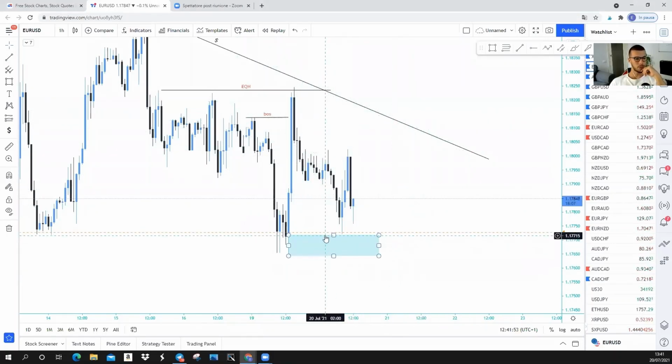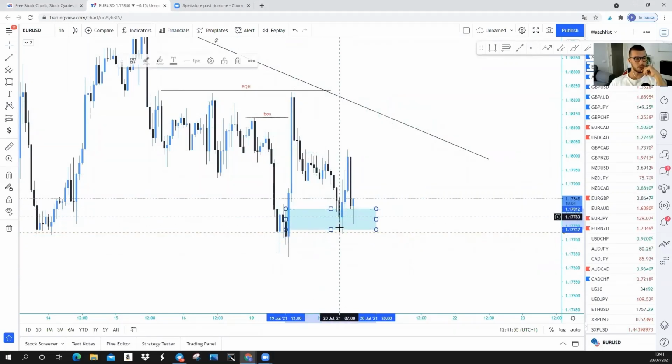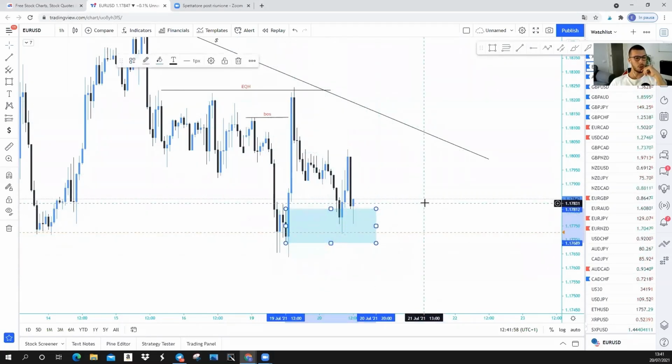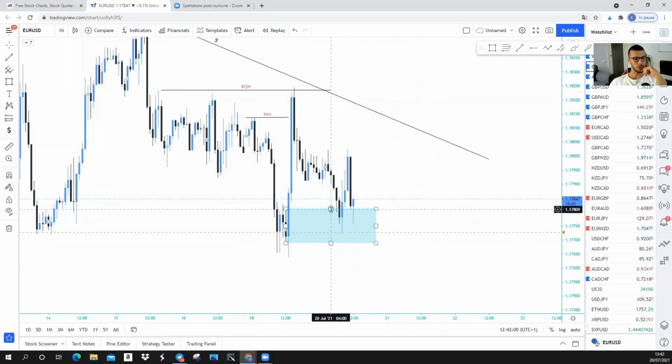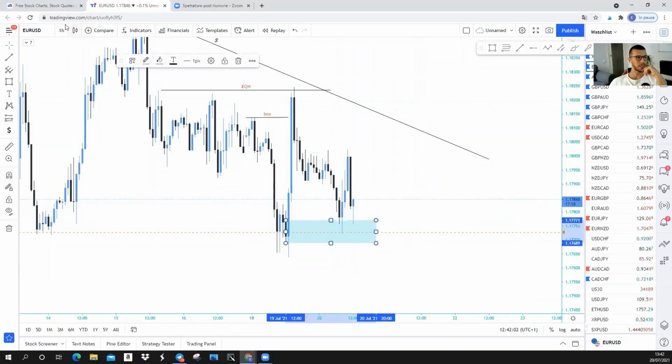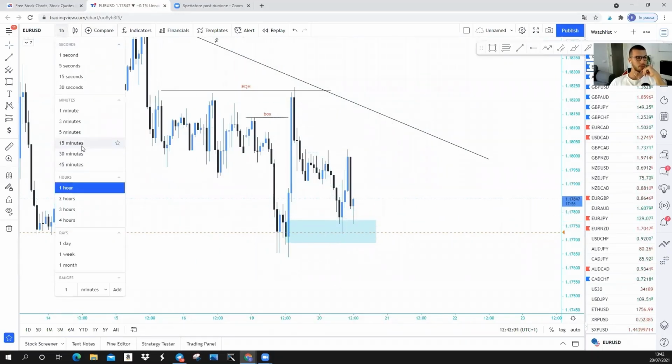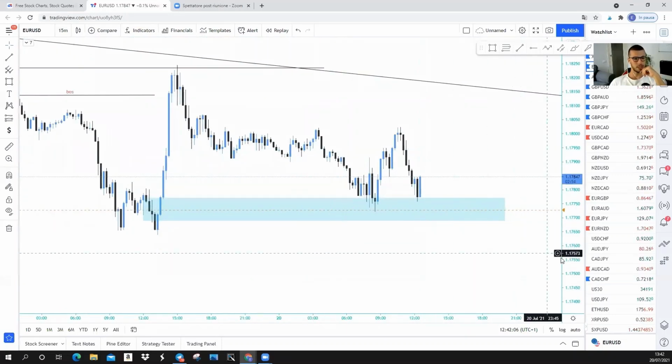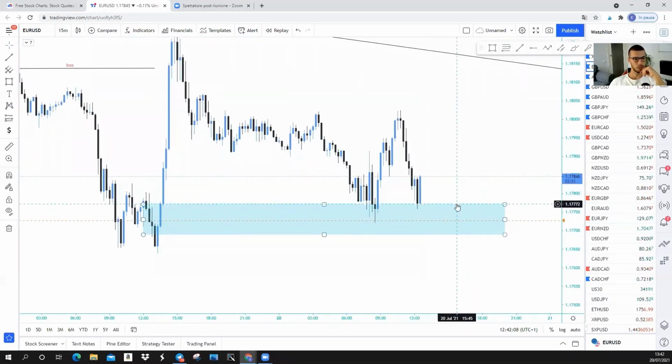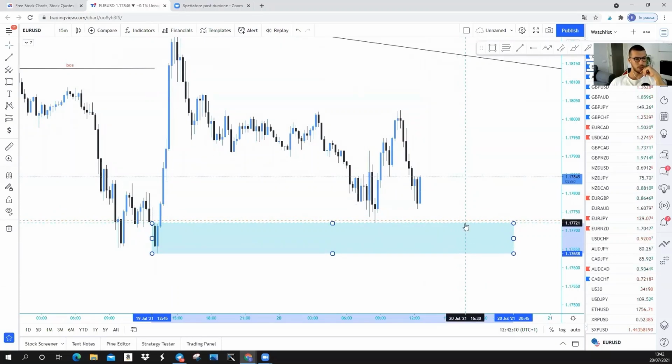Retracement tapping into the hourly order block. Now, I was not looking to enter buys yet because I went on lower time frames, and I was looking for this area, this refined area right here.